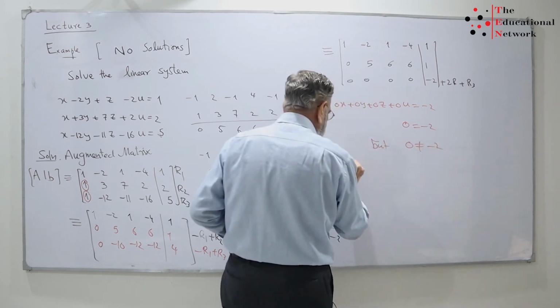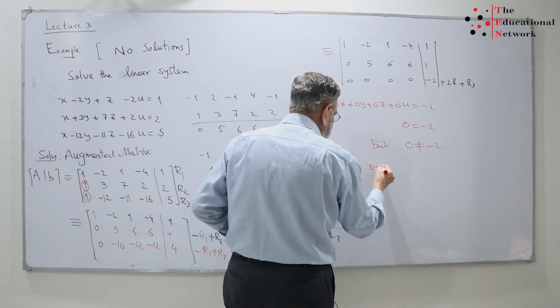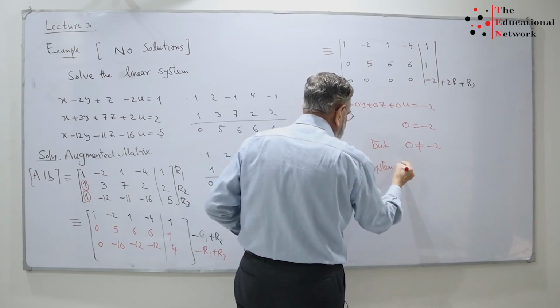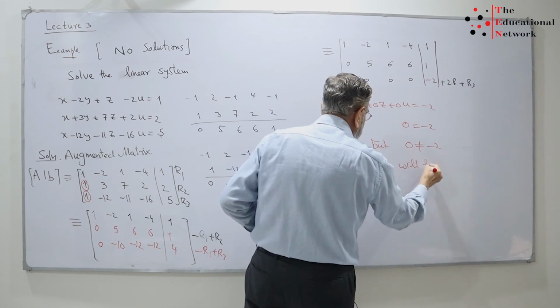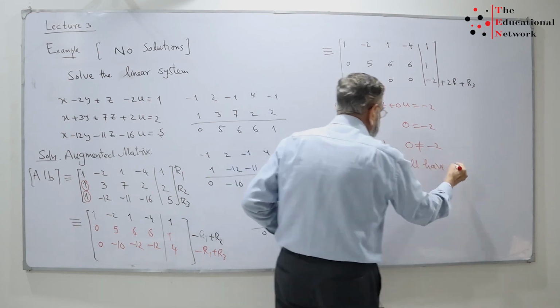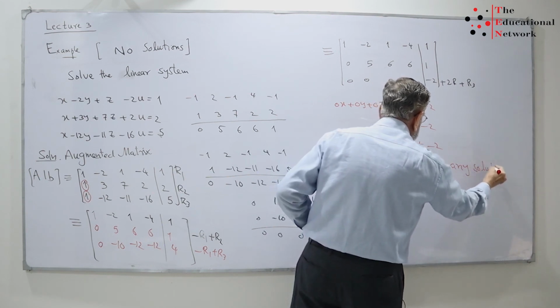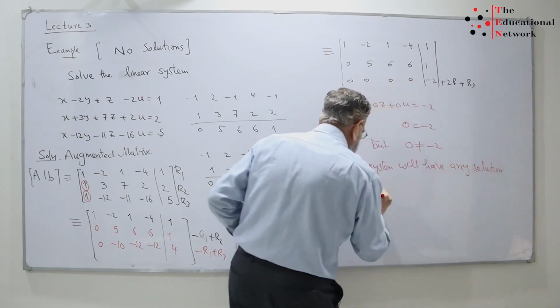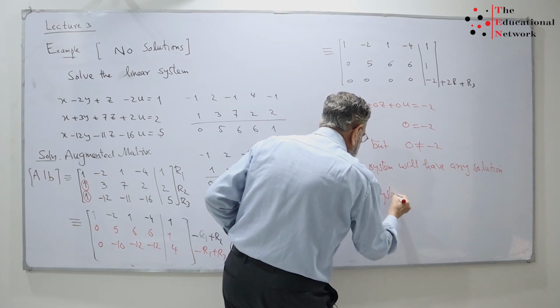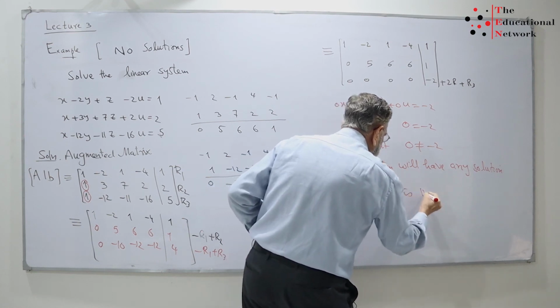So the system will have no solution, because this is not possible. I will say the system has no solution, and we say the system is inconsistent.